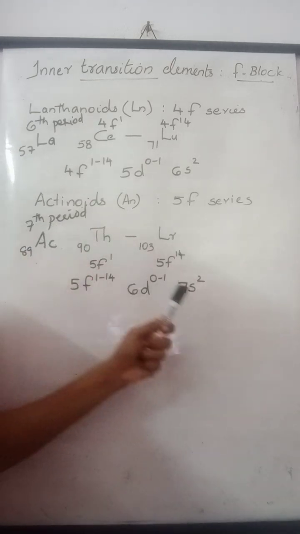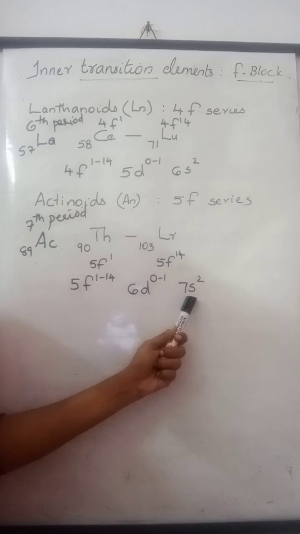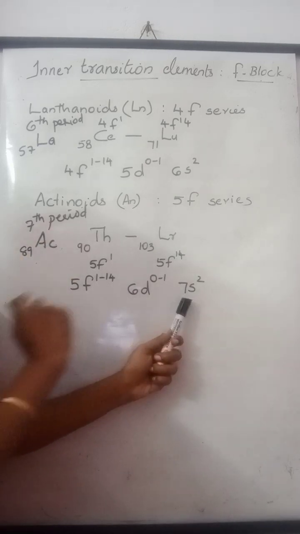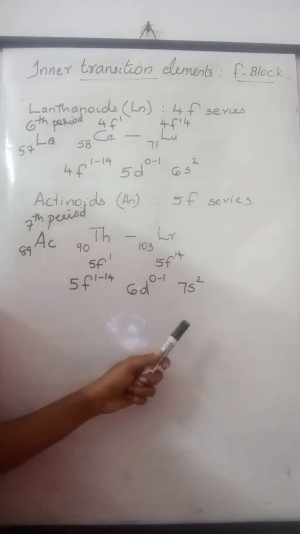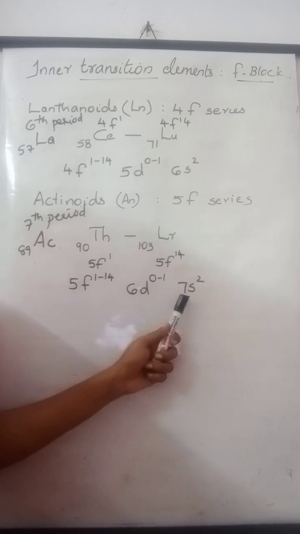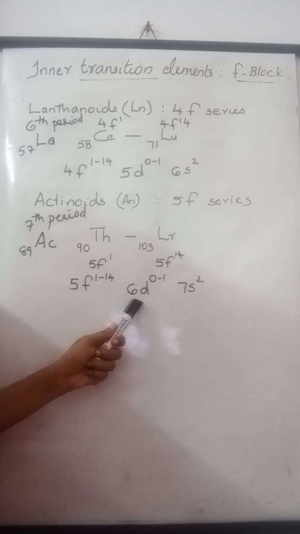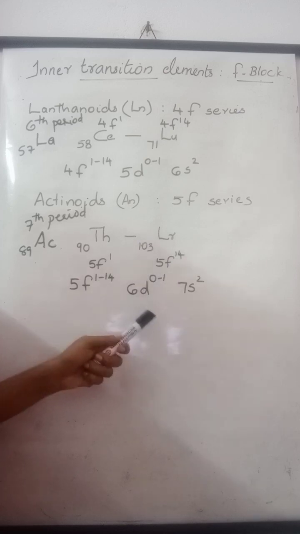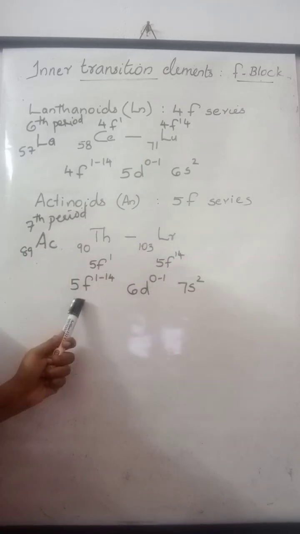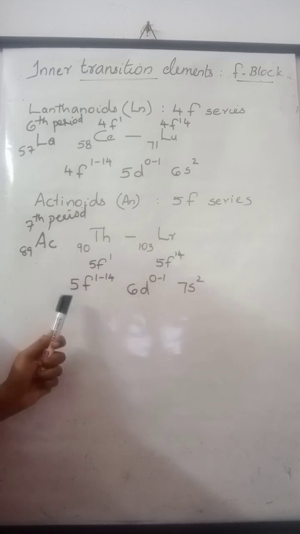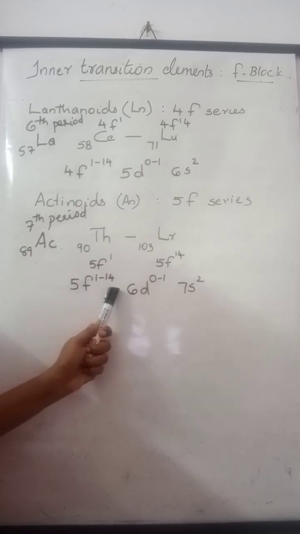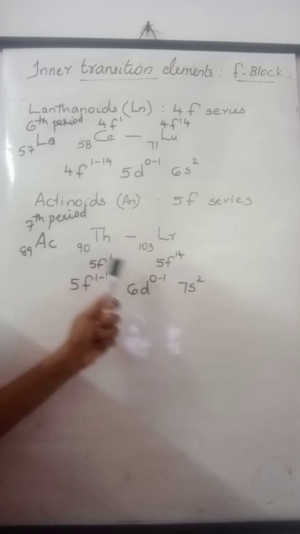In the case of actinoids, they belong to the 7th period of the periodic table, so the outermost shell is the 7th shell. Period number and valence shell number are the same. So 7s2, then the penultimate shell, that is 6d0 to 1. Then electron is progressively filled in the 5f atomic orbital, that is 5f1 to 14, the anti-penultimate shell.